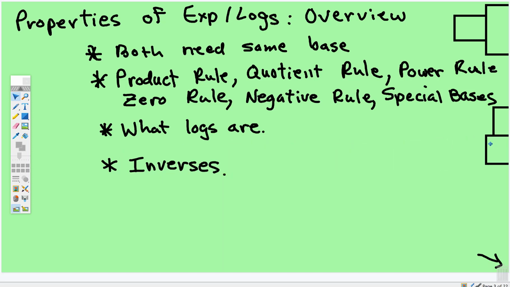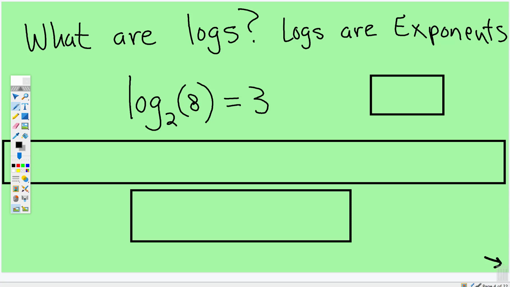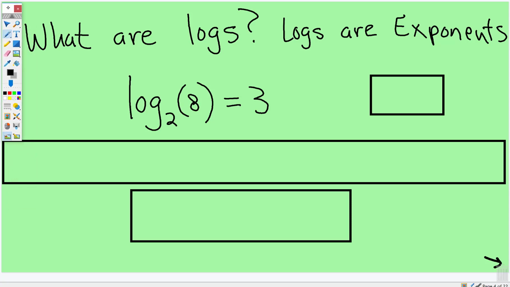And what's really important to remember is these two things are inverses of each other. So later on when we're solving equations, you're going to use inverse properties of exponentials and logarithms to solve the equations.